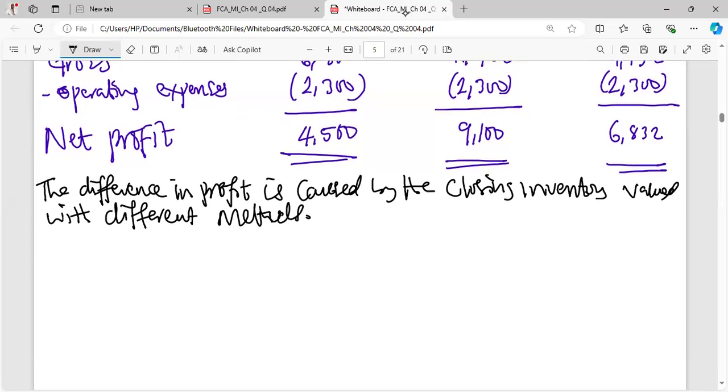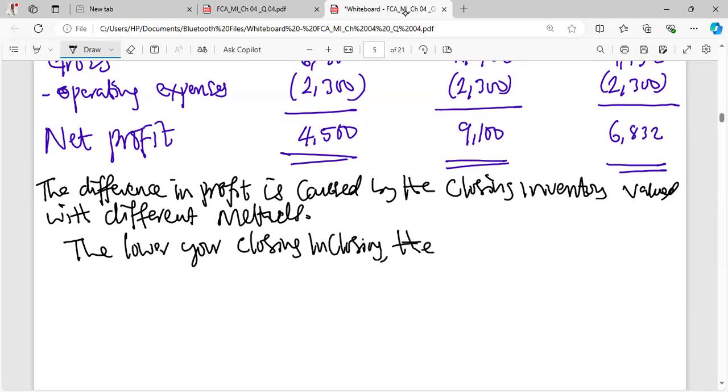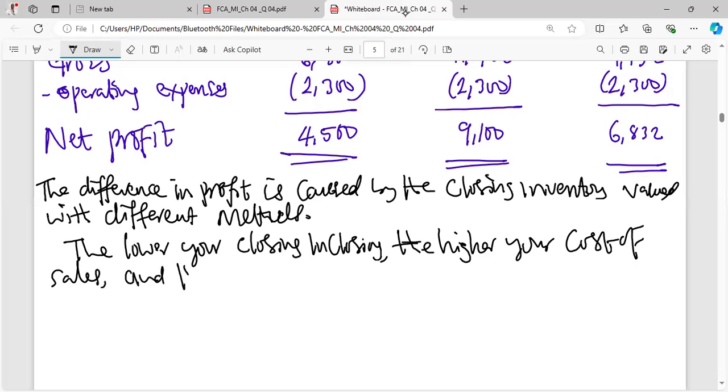All right. The lower your closing inventory, the higher your cost of sales, and the lower your profits.